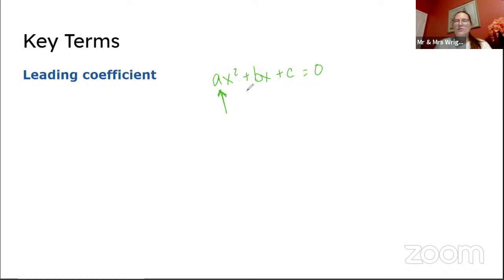So if it's not in standard form and this isn't the first term, this is still the leading coefficient because you need to put it in standard form. This gives us information such as if it's a negative number, the parabola will open down. If it's a positive number, it will open up. So the leading coefficient is very important information.